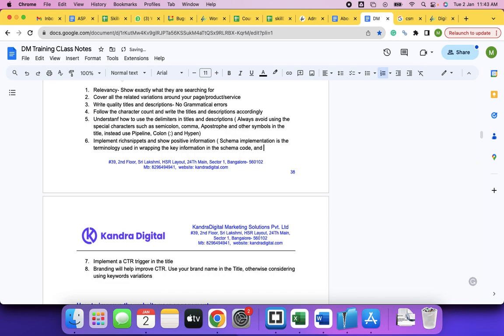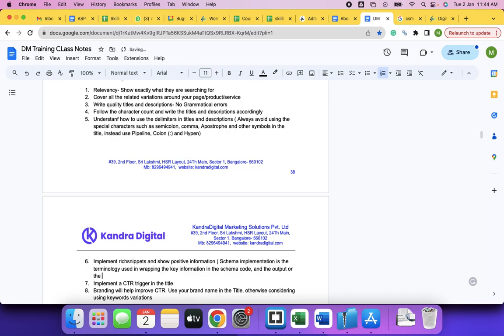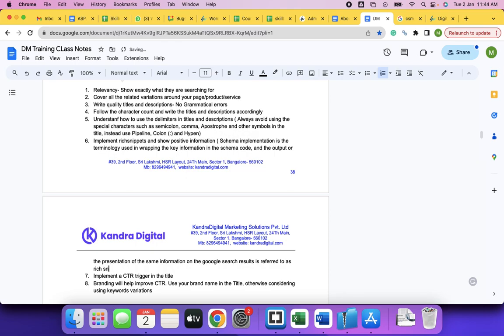Okay, and the output, or the presentation of the same information on the Google search results, is referred to as rich snippets.